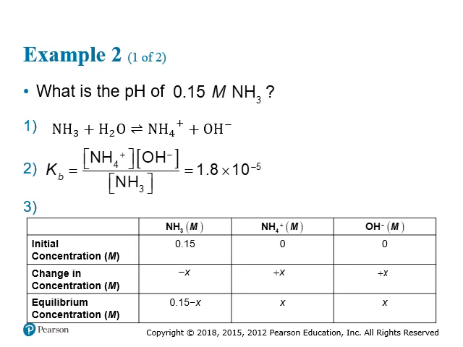We know that ammonia does not completely dissociate. We know that it's not going to cause the total ionization resulting in OH minus. So equilibrium is suggested, and we're going to use our ICE table in order to determine the information that we need.